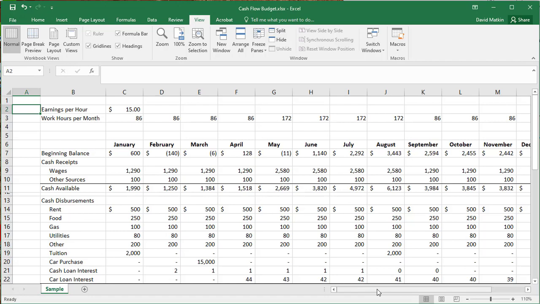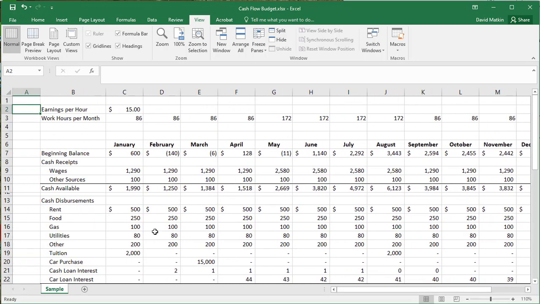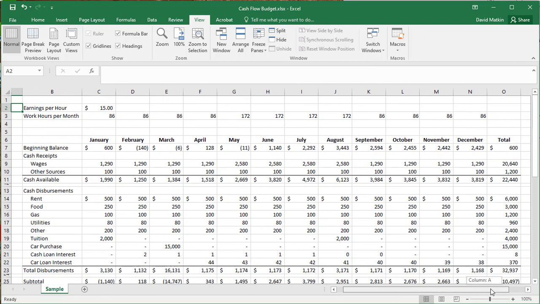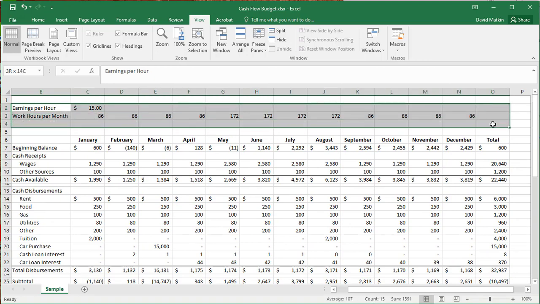Okay, so if we look here at the information that I've provided, let me zoom out a tiny bit. The top portion you're seeing shaded in there is information that's not part of the budget that you'll provide me, but it's information that I used to help calculate the information in the budget.